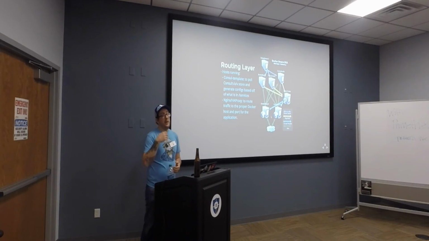But basically, the full process is you, as a user, schedule a container to run through Swarm. Swarm finds a host to schedule it on. It schedules it on that host. Registrator sees the event. It updates Consul with the new service and the exposed port.